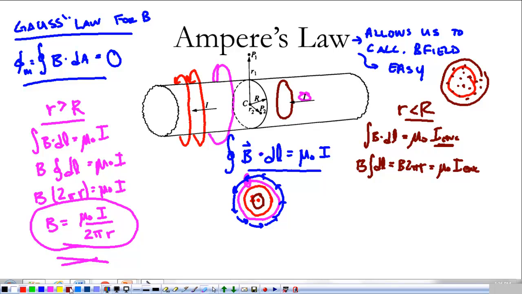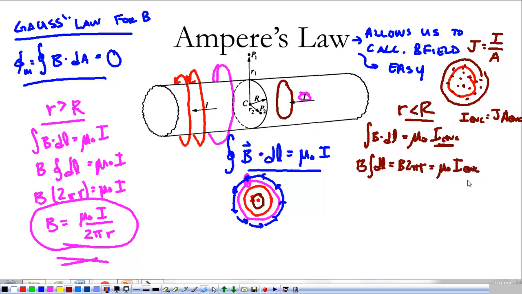So we have this new term, J. It's current density, current per unit of cross-sectional area. We're not necessarily going to use that here, but I enclosed for anything is going to be this J times the enclosed area.